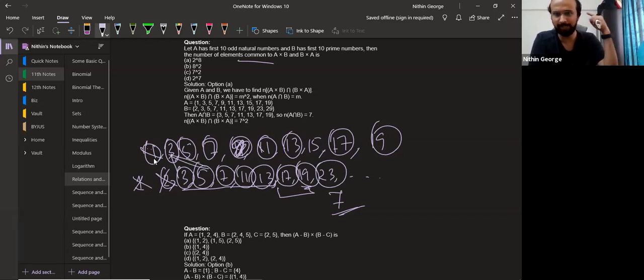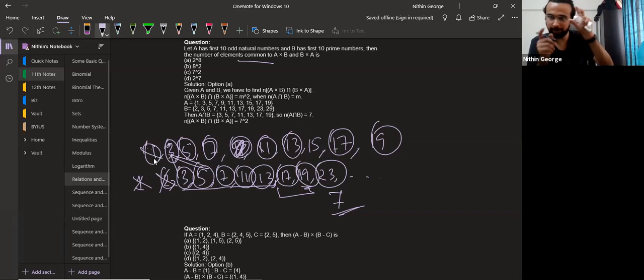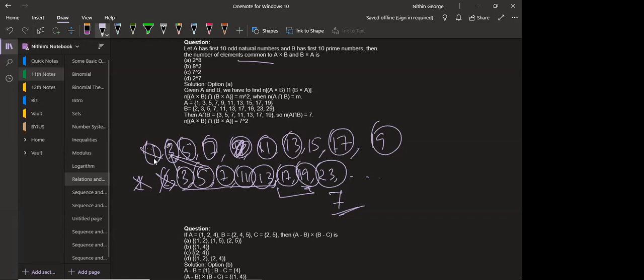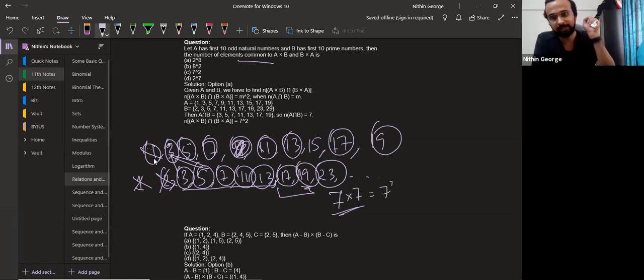Think permutation and combination. This 3 has 7 options to pair with. Okay. 5 has how many options? 7 options to pair with. Each of these 7 terms has 7 options to pair with. That's why you're getting 7 into 7, or in other words, 7 squared. Does this make sense, guys?